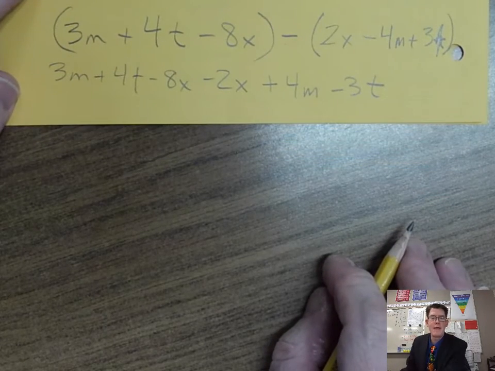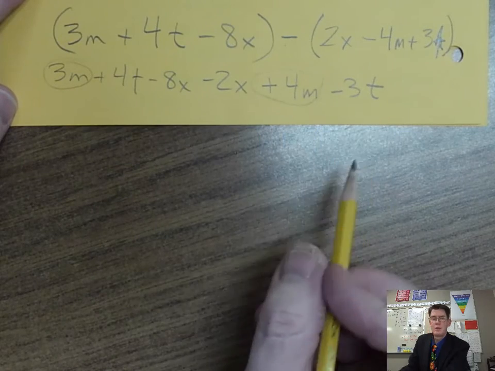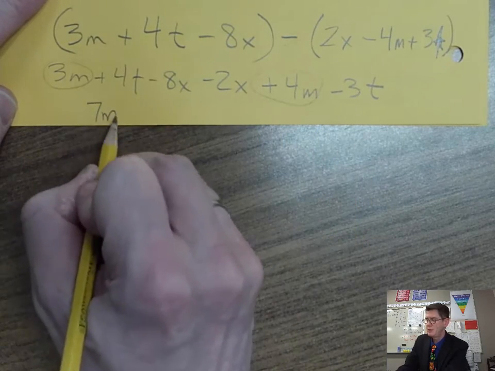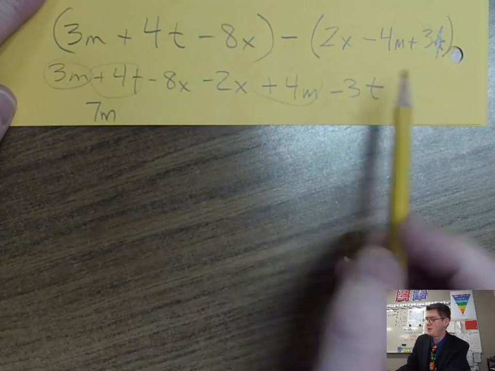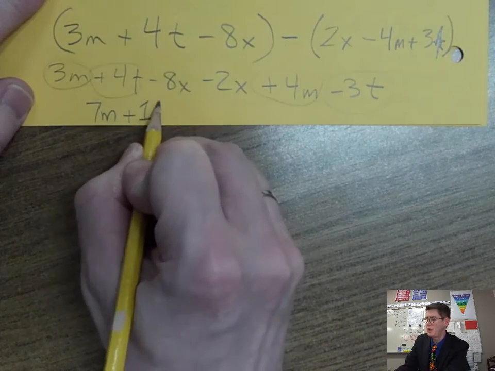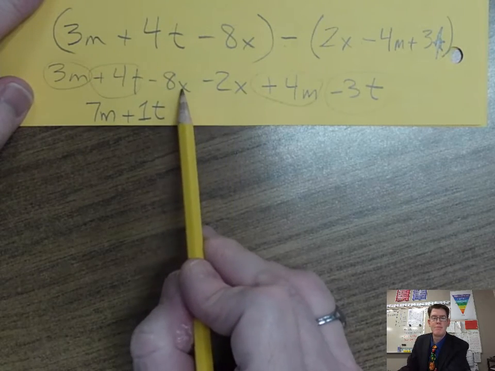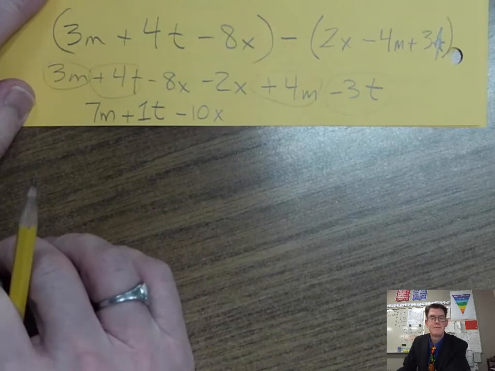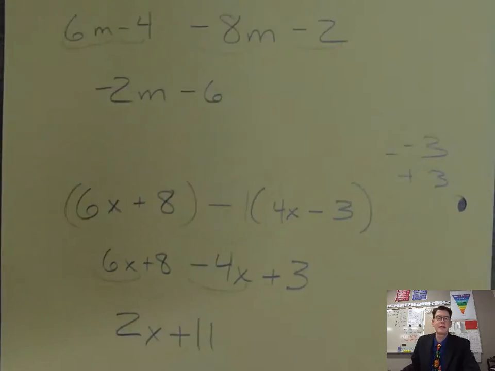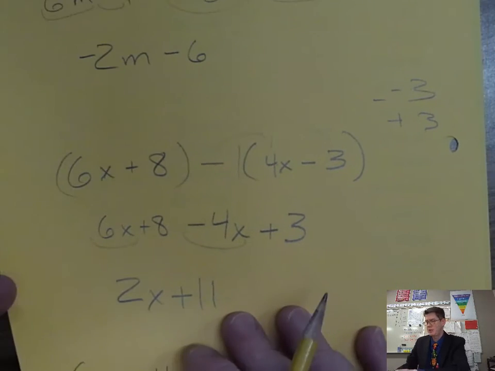And once you've got that much done, you can just combine like terms. 3m's plus 4m's, and 4t's minus 3t's is 1t. May not even write the 1. And minus 8x minus 2x is minus 10x. So that's the mathematical operation of subtracting expressions.